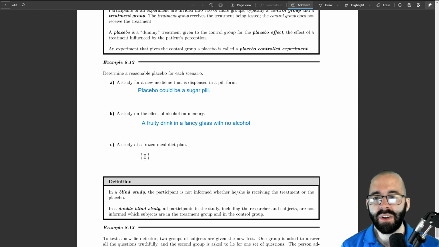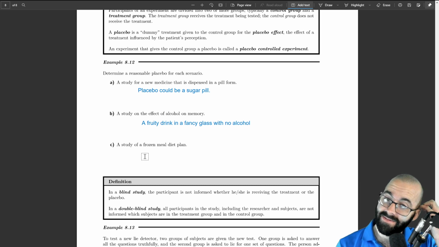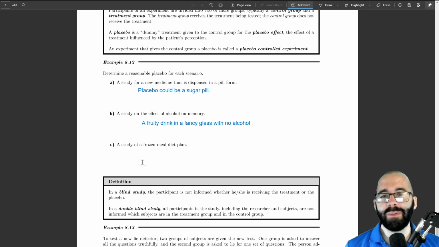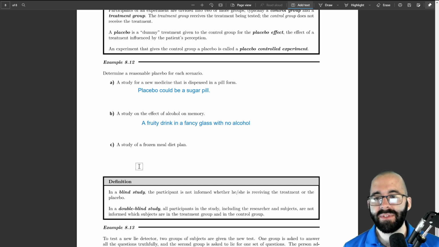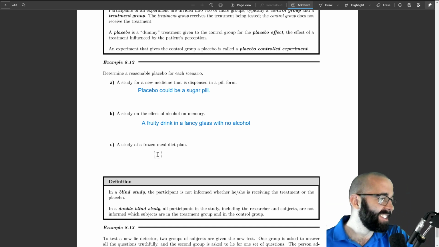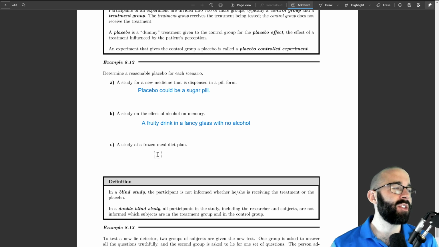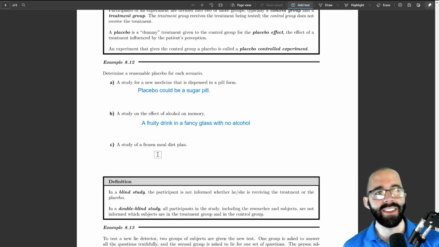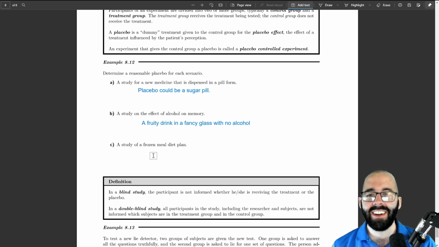Anyway, a study of frozen meal diet plan. These are weird. Frozen meal diet plan. How do you not have something frozen? Maybe they're both cooked, but like when you go to Applebee's or something, you don't know that it's frozen because they heat it up for you.